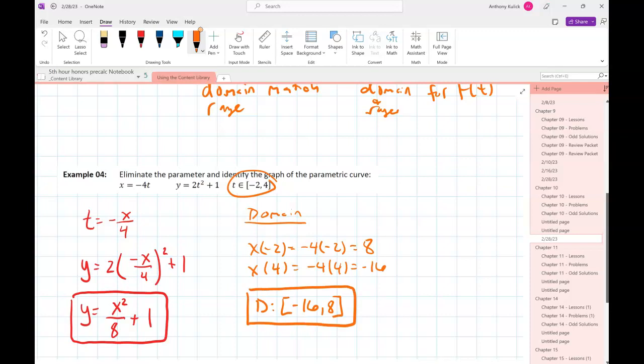Is everybody okay with that? Why didn't any of the parts in the middle matter? Why didn't I have to worry about any of the numbers between -2 and 4? Why did I just have to check the ends? Well, if I look at the function for x, what kind of function do I have for x? X equals -4t. What kind of function is that? Oh, come on, guys.